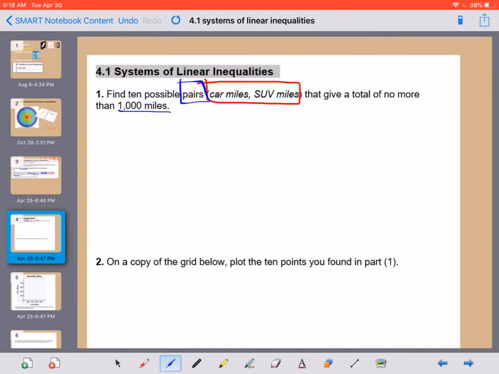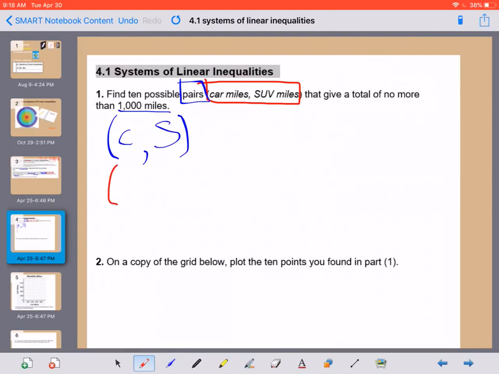So it tells me pairs. When I see pairs, I know that I'm going to write pairs in an ordered pair. Now for this case, I'm probably going to write C for cars and S for SUV. So we're looking for car miles and SUV miles that equal no more than 1,000. Well, basically what we're doing is just trying to find 2 numbers that add up to 1,000.